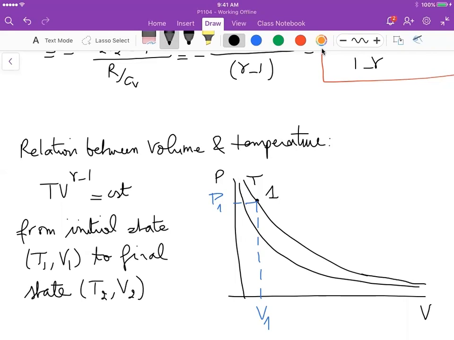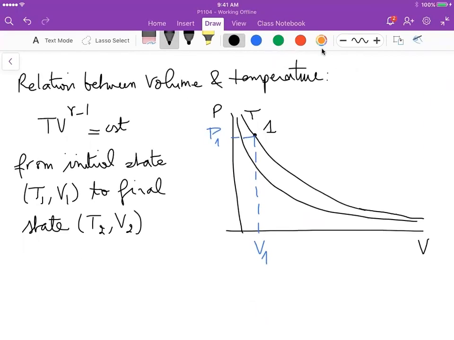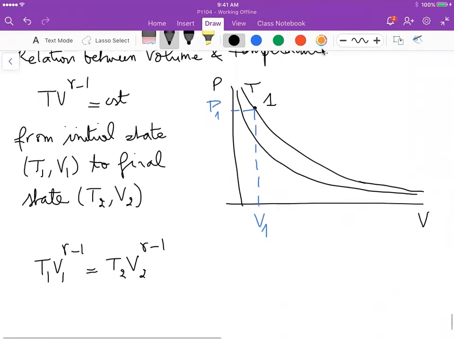Now, how are these variables related? We know from the equation T times V to the power gamma minus 1 being a constant that T1 V1 to the power gamma minus 1 is equal to T2 times V2 to the power gamma minus 1. This is what it means that the product T times V to the power gamma minus 1 is equal to a constant.